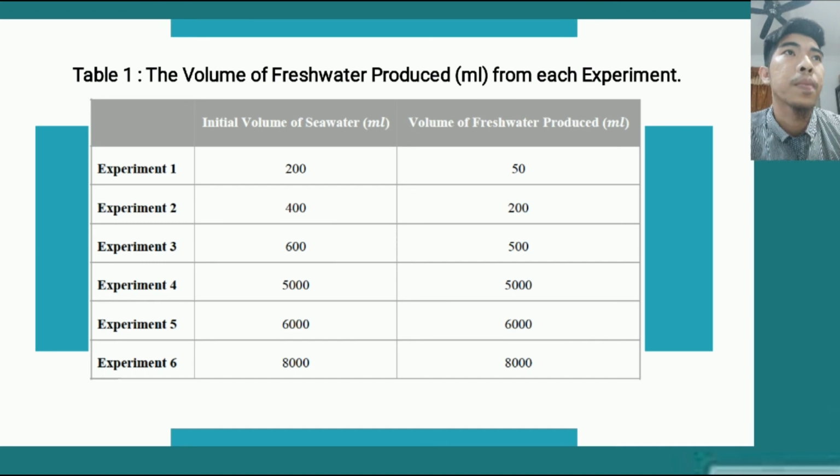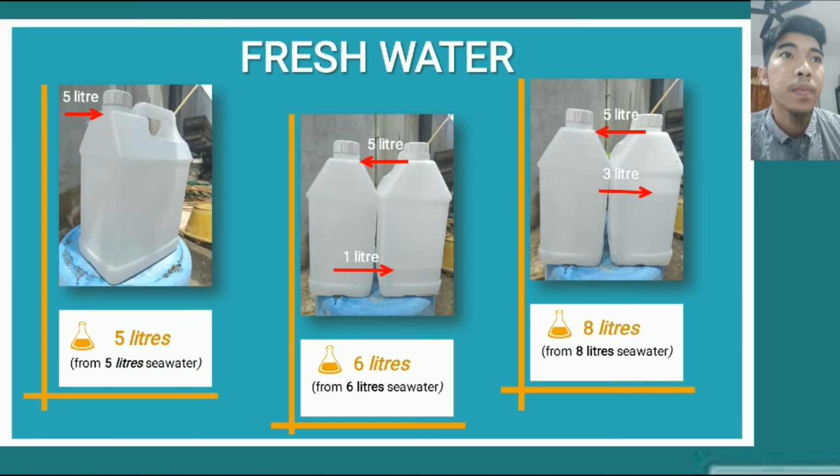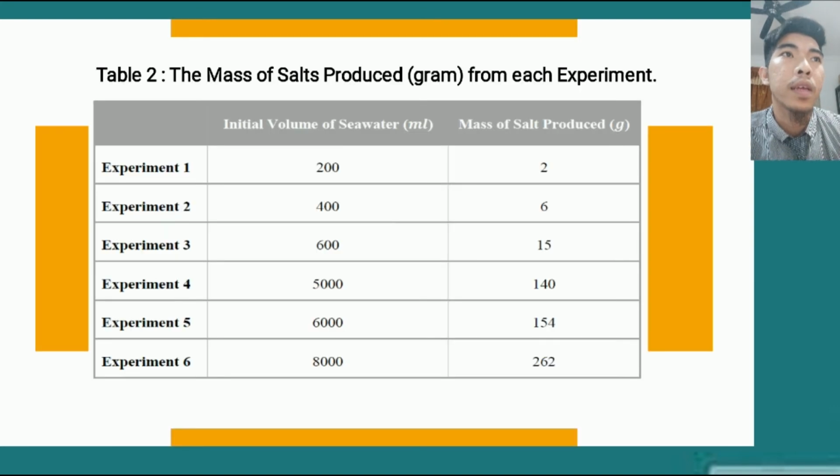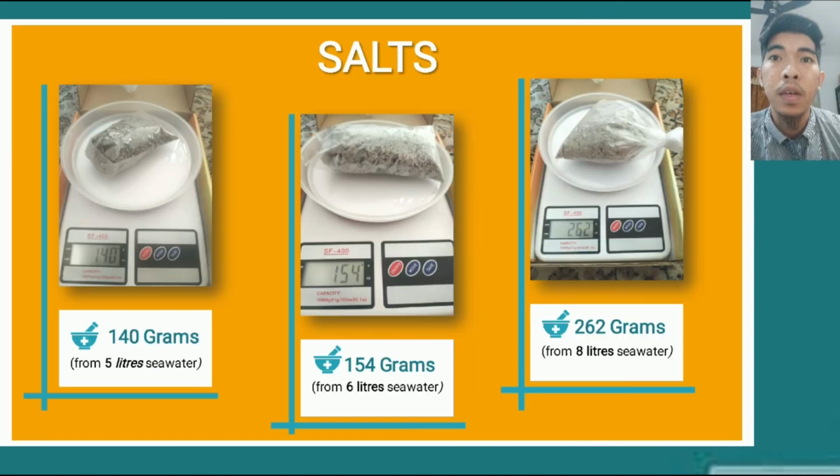This is the fresh water, and this is the table of the mass of salt. The water will become vapor as I mentioned before when it boils, and the salt will remain in the pressure cooker until the end of the process.